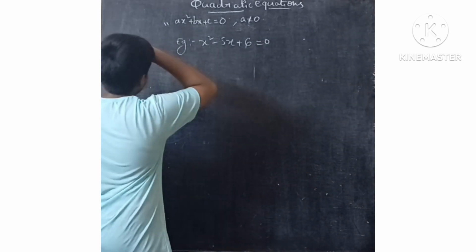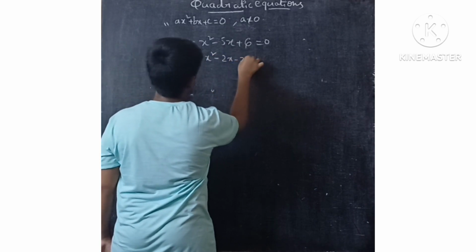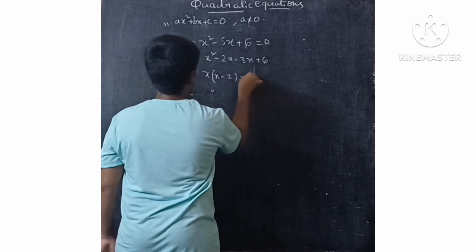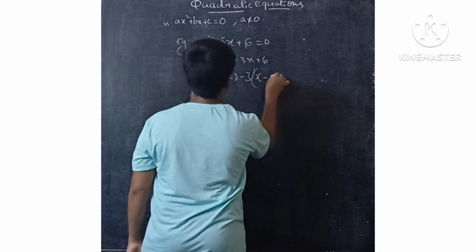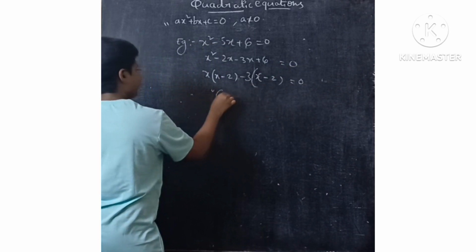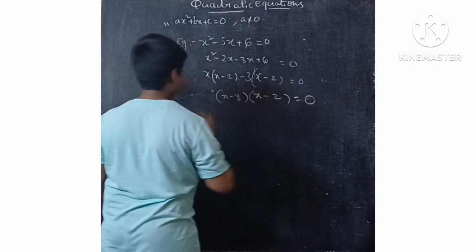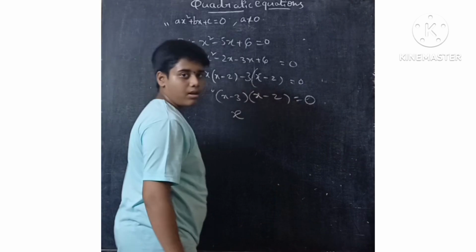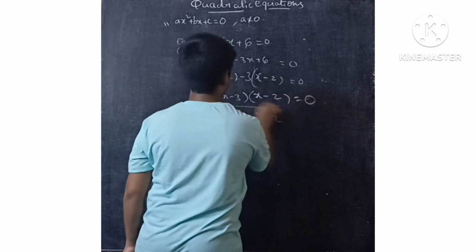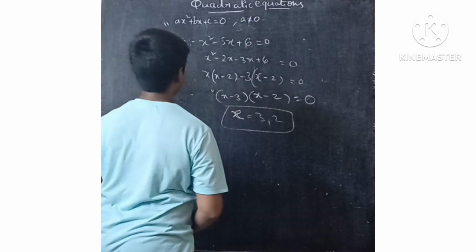By splitting the middle term, x square minus 2x minus 3x plus 6. So here x is common, x minus 2, 3 is common, x minus 2. Which means, here 0 is there, very important, equal to 0, which means x minus 3 and x minus 2 are equal to 0. And the zeros are roots or solutions. 3 and 2 are the roots. So this is an example. Okay.